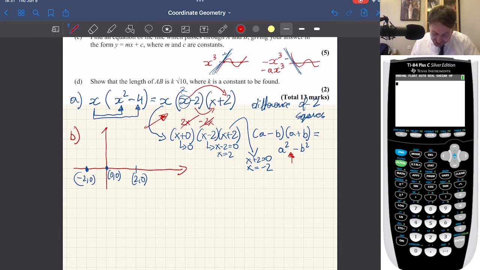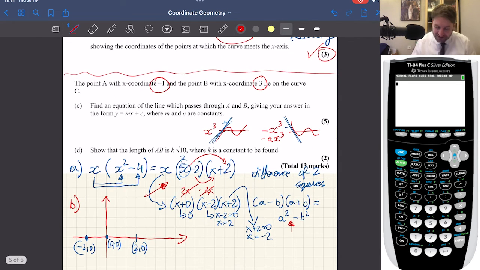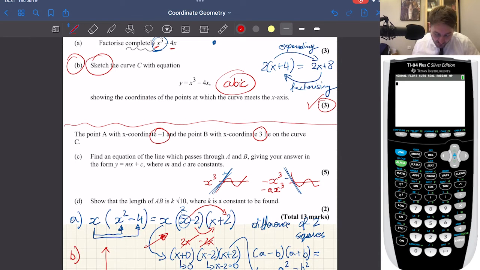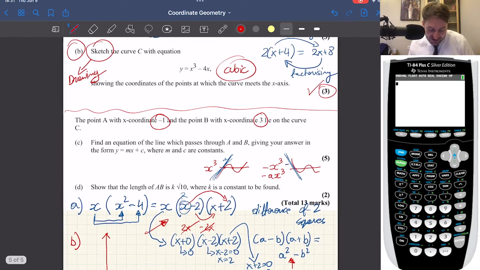When it comes to sketching, there is a big difference in the exam when they ask you about sketching or drawing. Drawing, if they say that on the exam, well, that's unusual, but that just means use a ruler. It needs to be much more accurate.